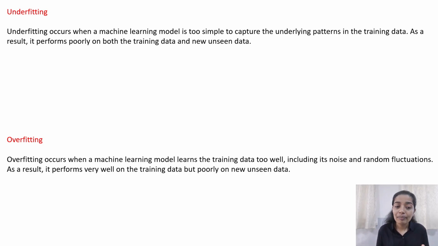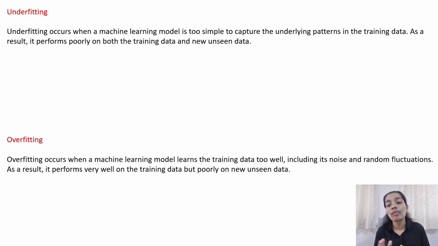So what happens is it performs too well on the training data, because, as we discussed, a student memorizes all the examples that were covered in the class. So in the practice test, the student performs so well. When it comes to the training data, the model performs too well. But when unseen data is given to the model, it doesn't perform well at all.